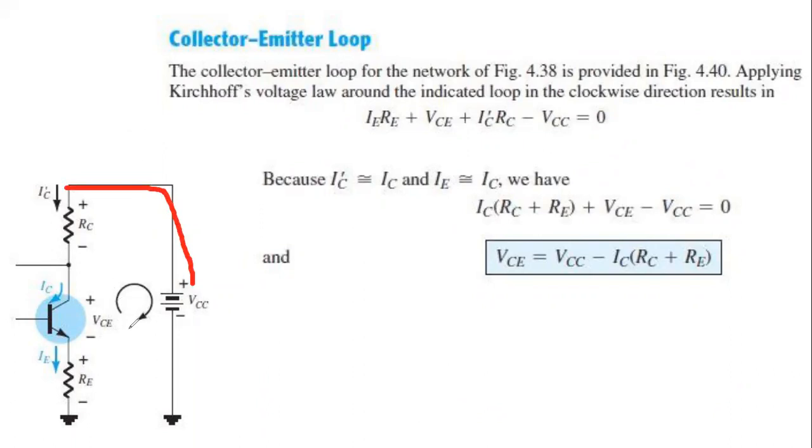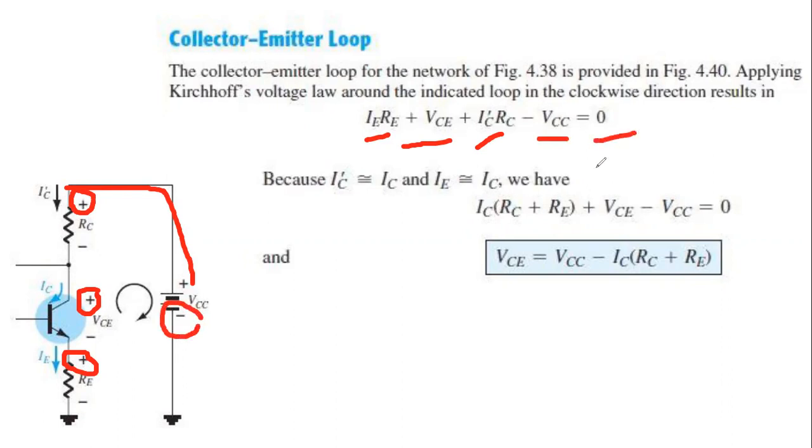So if we apply the KVL here, we take the sign as we go. Suppose this one, it will be IE RE plus VCE, then this is the current IC prime RC, and then minus VCC equals to 0.